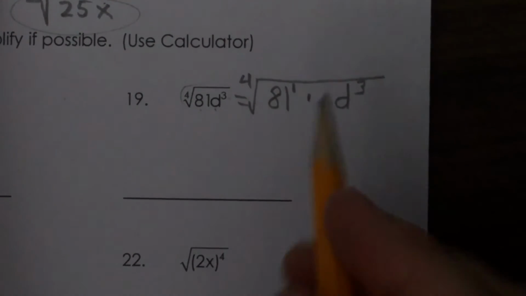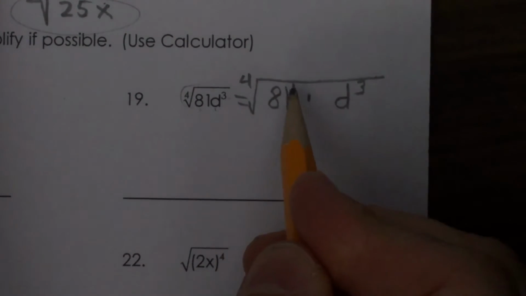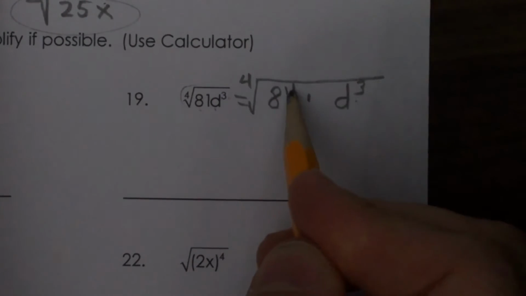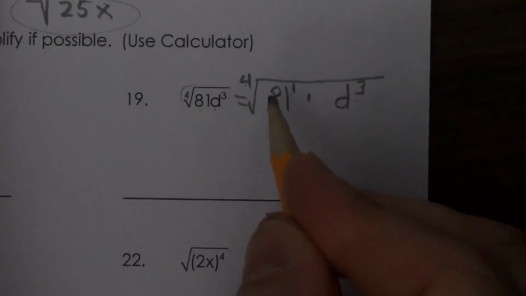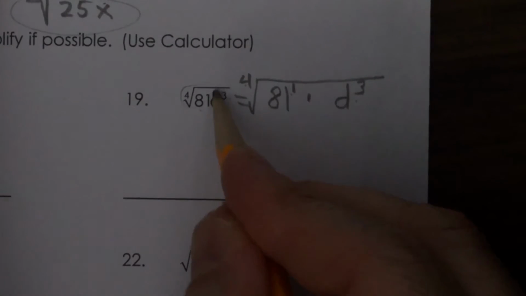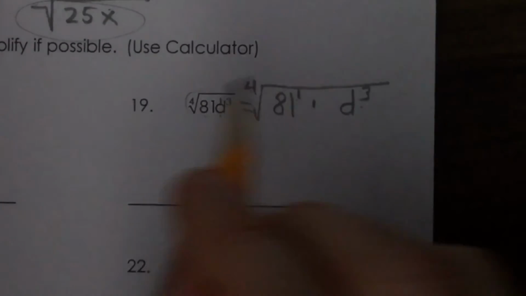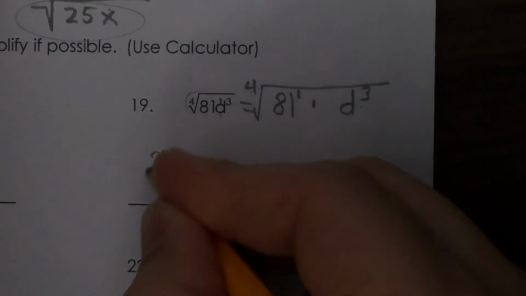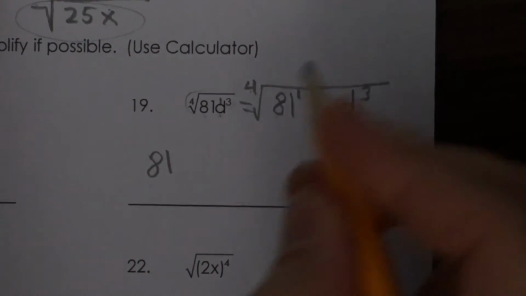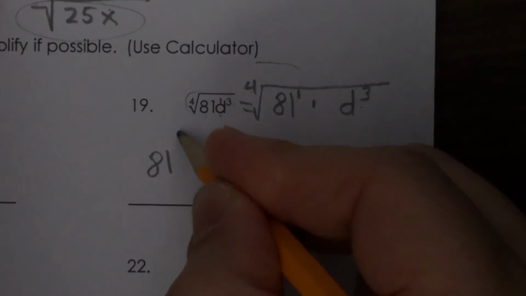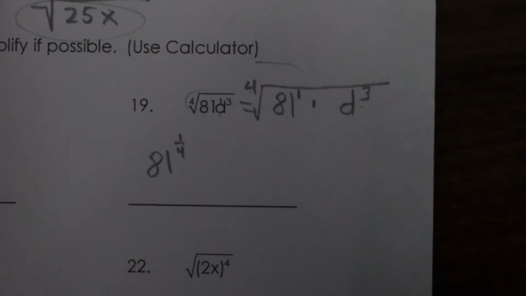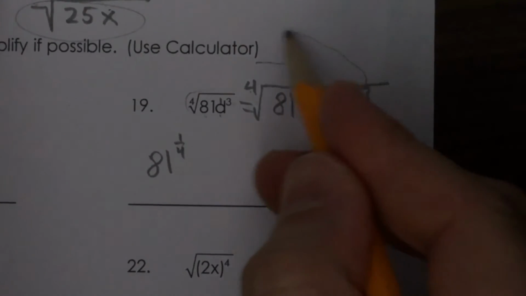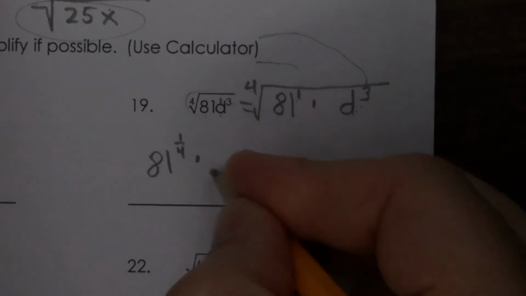The reason that's important is because when we push up our trees the other way, we're going to have two different exponents. This is 81 to the 1 power. That 3 doesn't belong to it. Okay? So you know how we knock the tree over? Now we're going to push the tree up. The 81 portion is 81 to the 1/4 power. Okay? And the d is d to the, push that tree up, to the 3/4 power.